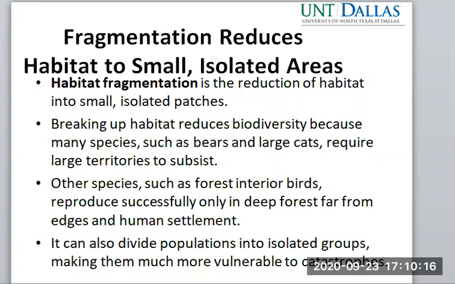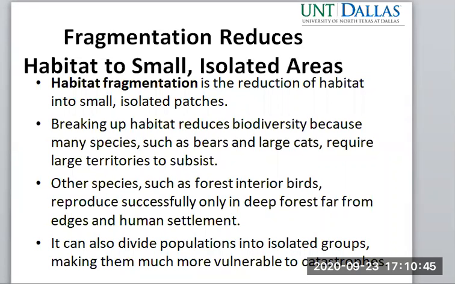Fragmentation reduces the habitat to small isolated areas. In addition to the loss of total habitat area, the loss of large contiguous areas is a serious problem. There is a general term for this: habitat fragmentation. That means the reduction of habitat into small isolated patches. A very small population may not have enough breeding adults to be viable even under normal circumstances.